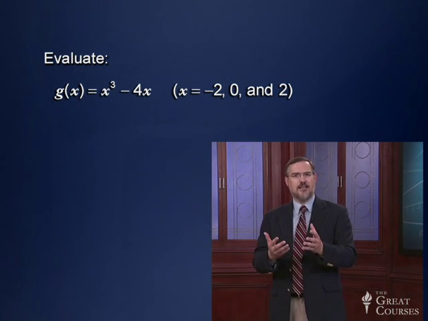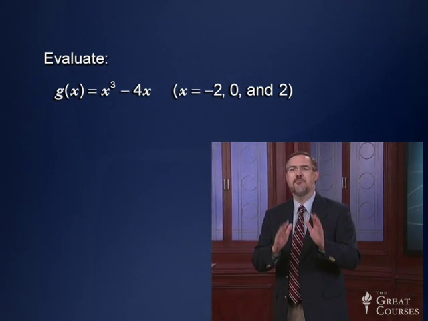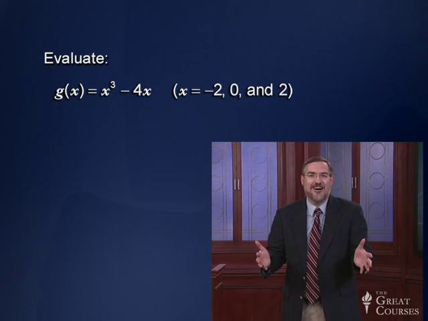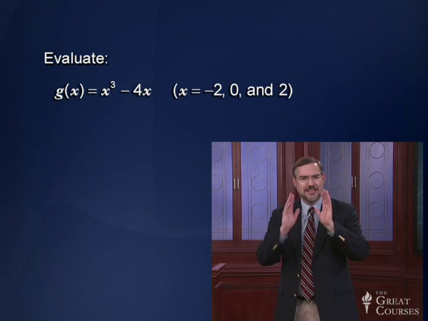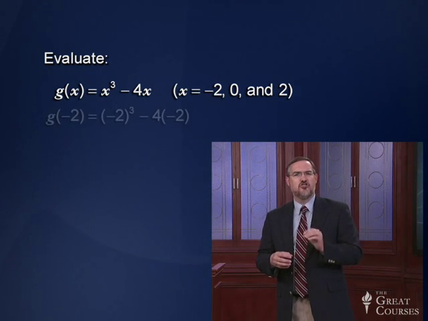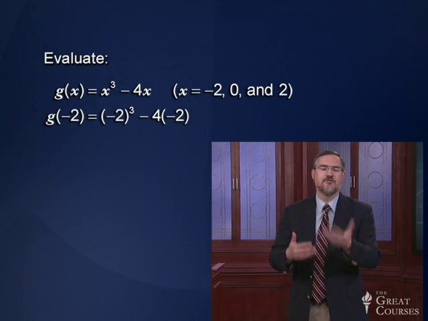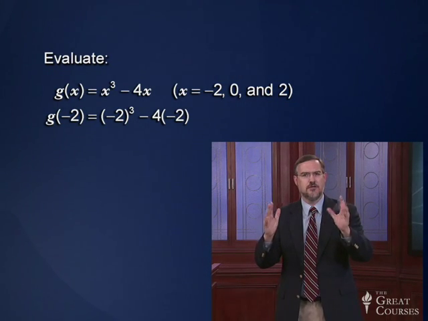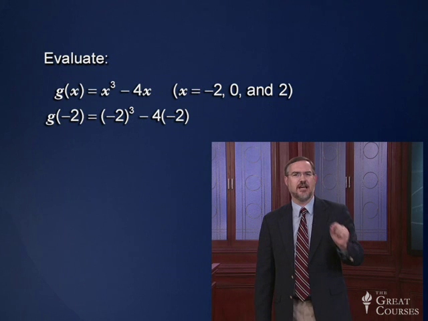Now, if you tried that on your own, you might be scratching your head a bit. Let me walk through it with you just in case you are. Maybe you're not. Maybe you're fine, and we'll see what these values are. But let's see what we get. g of negative 2 is equal to negative 2 cubed minus 4 times negative 2.